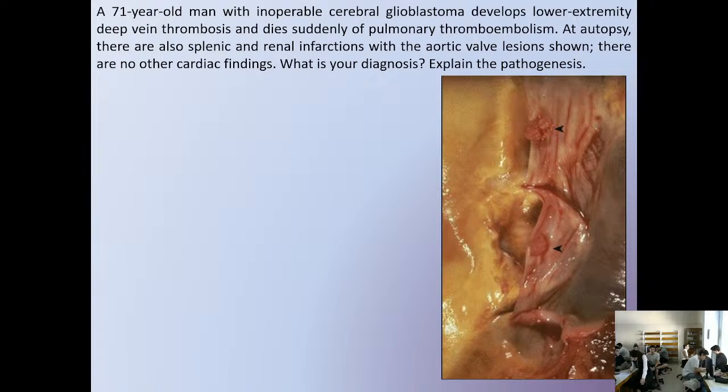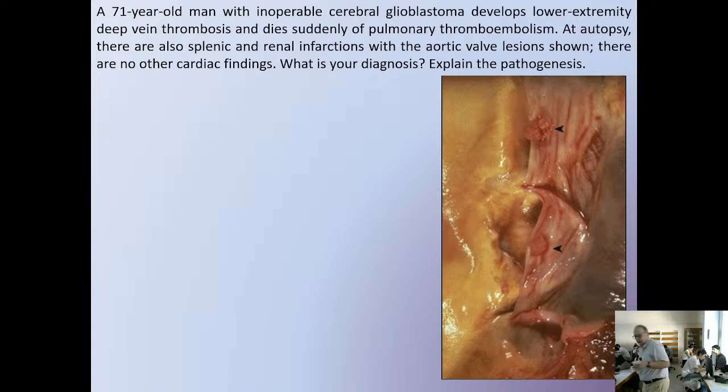In this patient, we see a patient with a brain tumor, a deep vein thrombosis in his lower extremities, and he died suddenly of pulmonary thromboembolism. And we also found splenic and renal infarctions, such as the one we just saw, with the aortic valve lesions, and no other cardiac findings.